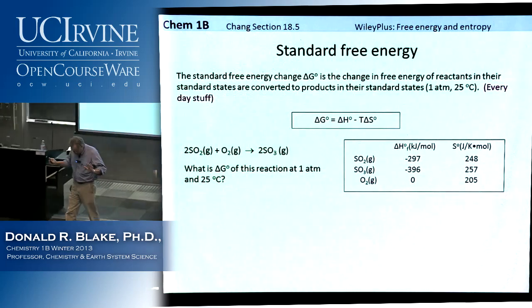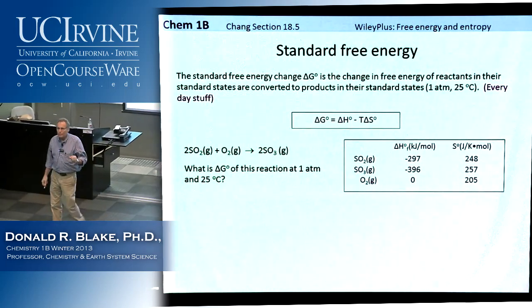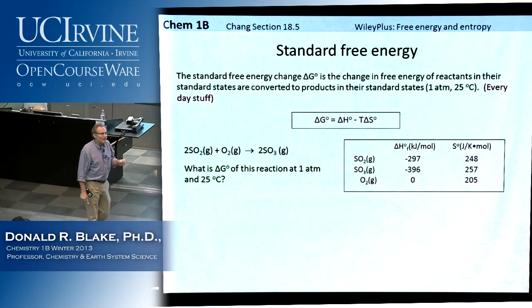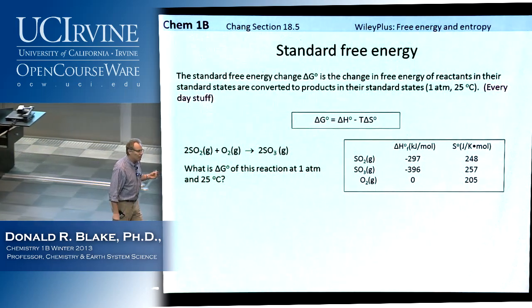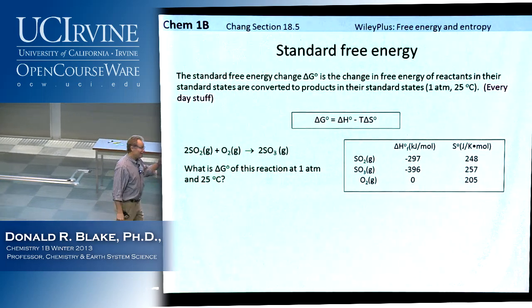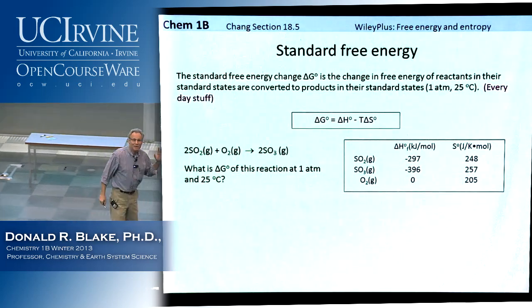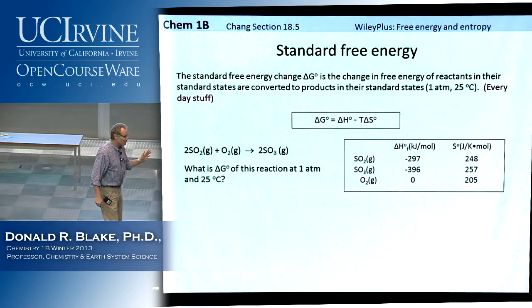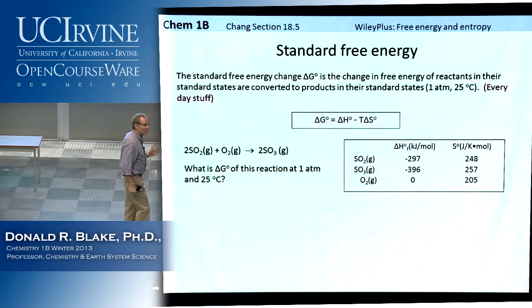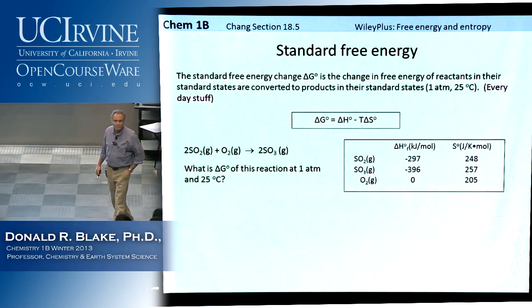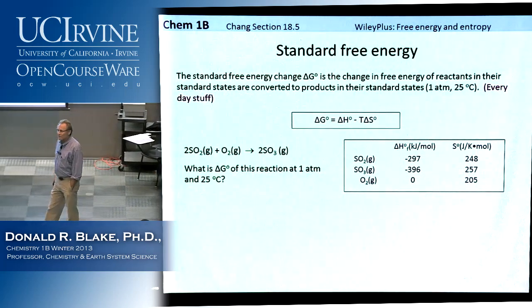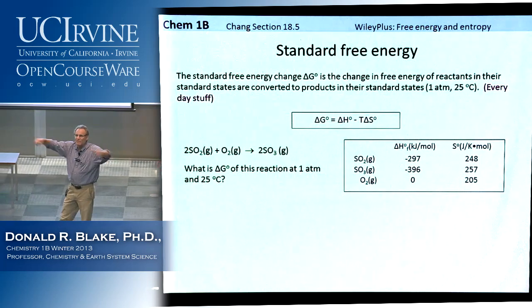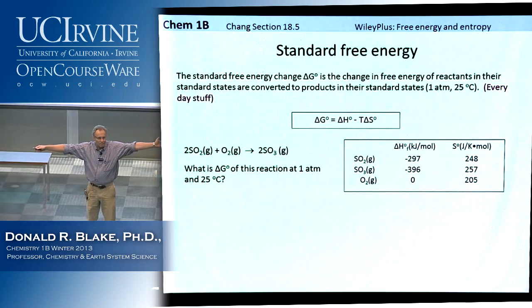Now, I want you folks to at least have a clue as to what the sign should be for entropy. I can't look at something and tell what the delta H is going to be, unless it's a combustion, and I know it's going to be a negative number. But for entropy, folks, gases, we love gases because they have a lot of disorder.